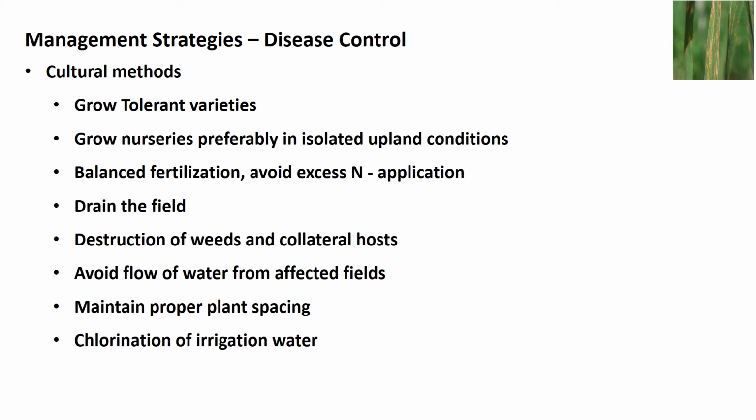A balanced fertilization by avoiding excess nitrogen is essential for proper disease control. Draining the field, destruction of weeds and collateral hosts, avoiding flow of water from affected fields, maintaining proper plant spacing and chlorination of irrigation water. All this will help in proper disease control.